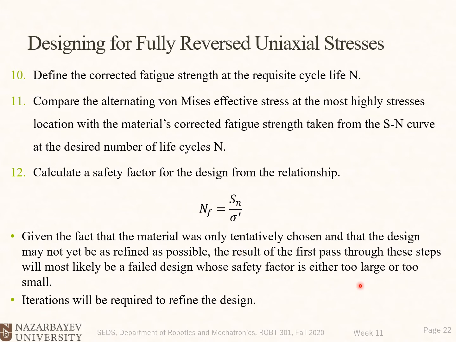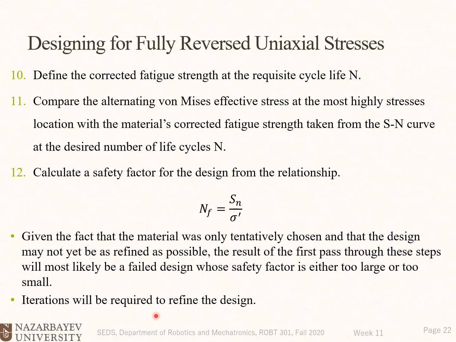So when the safety factor is less than 1, it means for sure failure. When the safety factor is too large, it means that we don't have an optimal design, and we are even wasting material, or we are wasting space, and we need to refine our design.